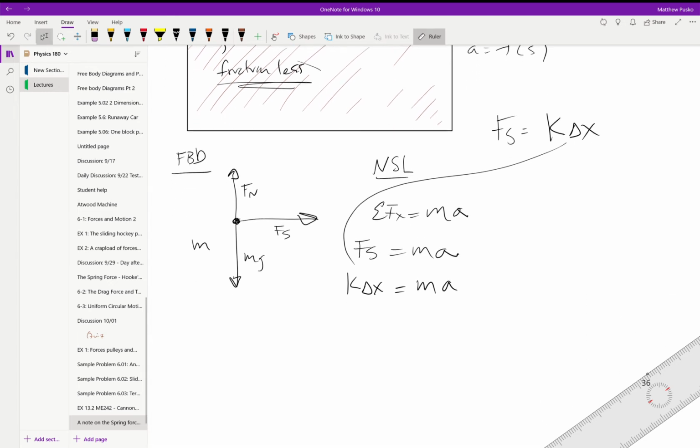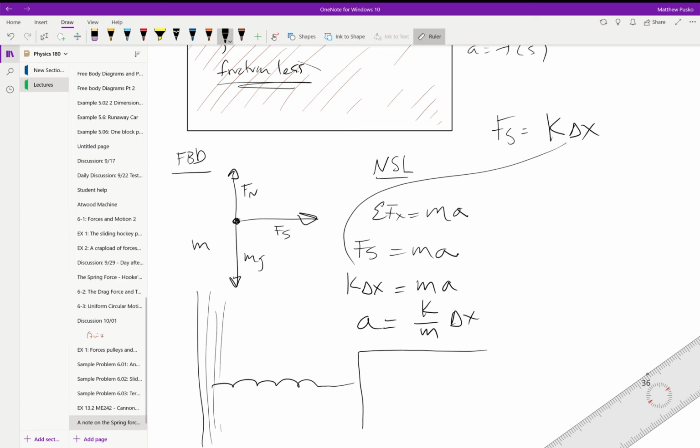Right here, if I solve it for acceleration, I get k over m times delta x. Meaning, if here's our equilibrium position, at every different delta x, we're going to have a different value for acceleration. So this is not constant.